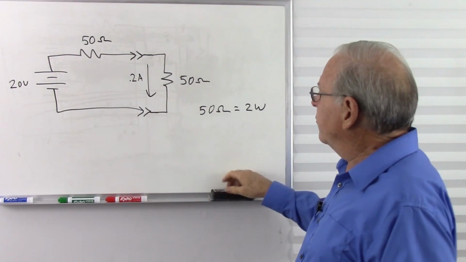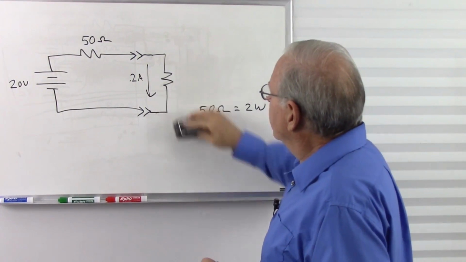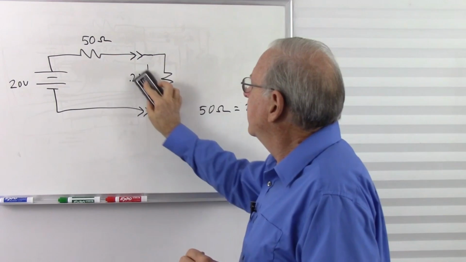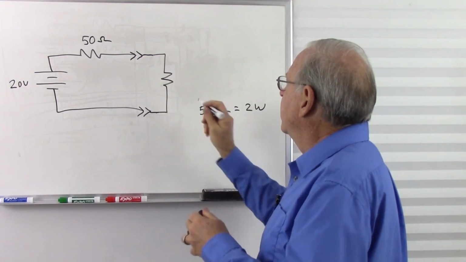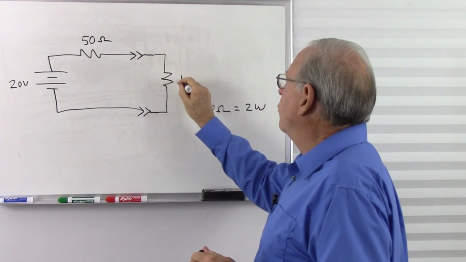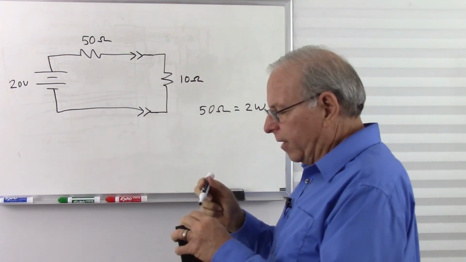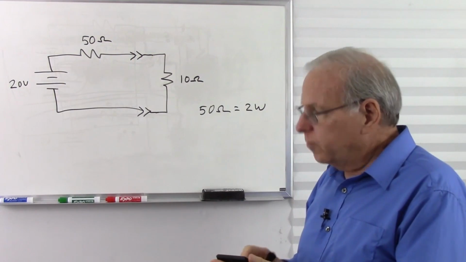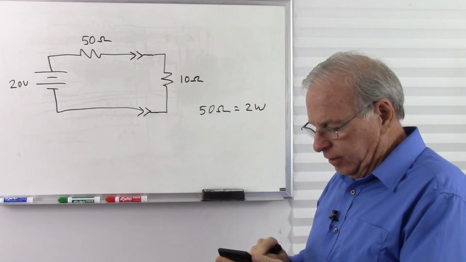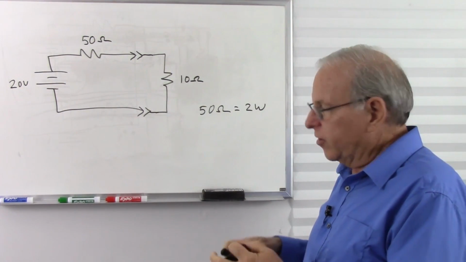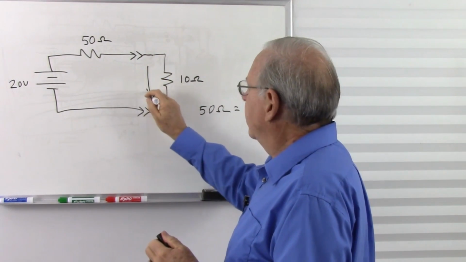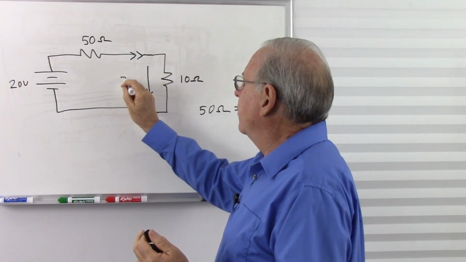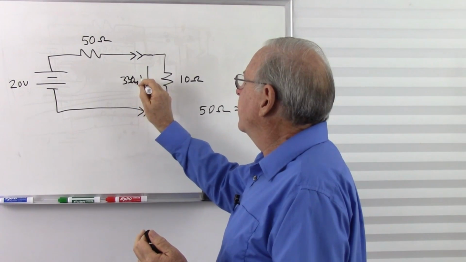Let's see what happens if I drop this down to, let's say, let's make it 10 ohms. Let's see what happens to our power. So now we have 60 ohms, goes into 20 volts. That gives us a current of 330 milliamps.